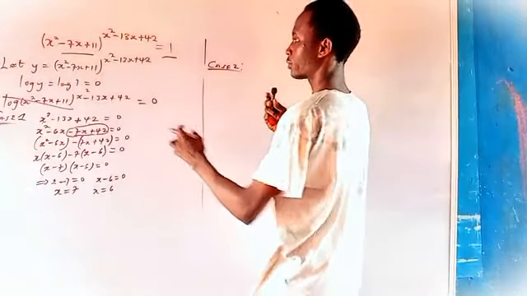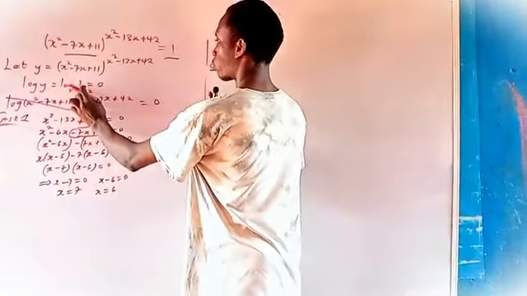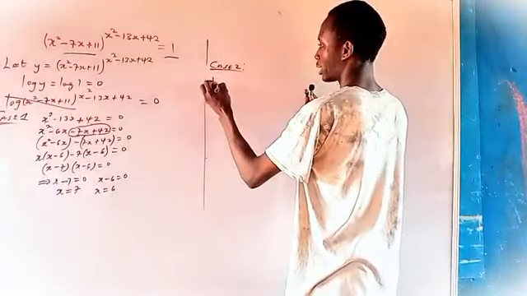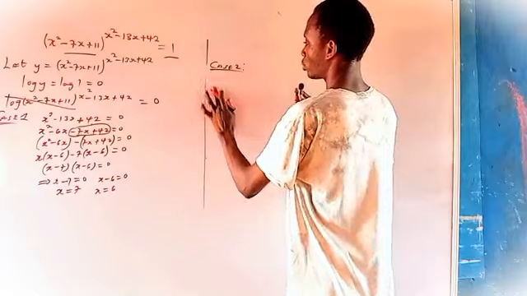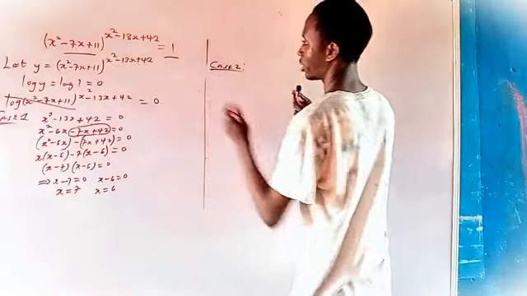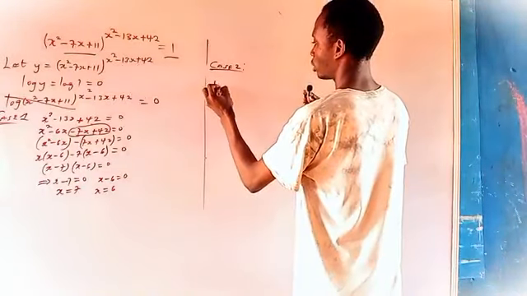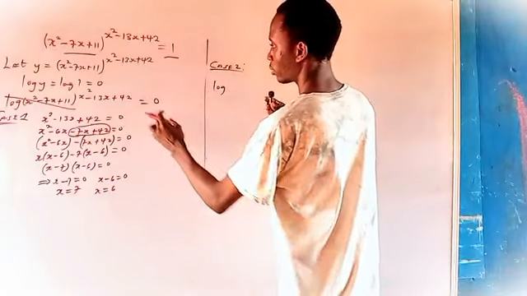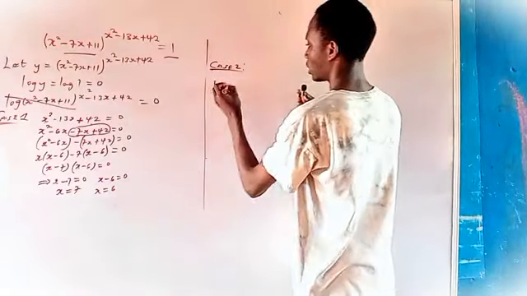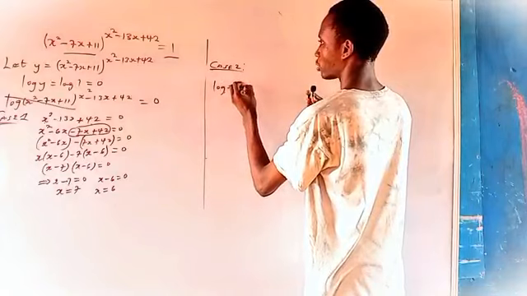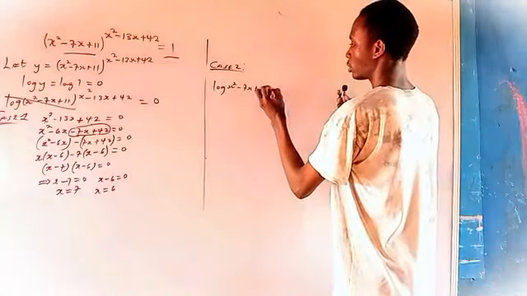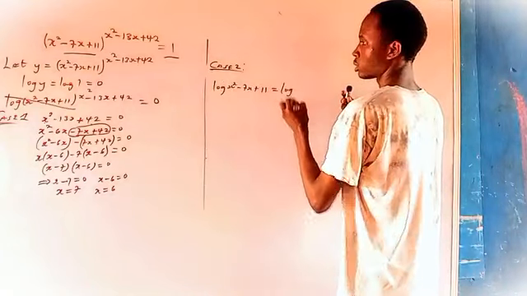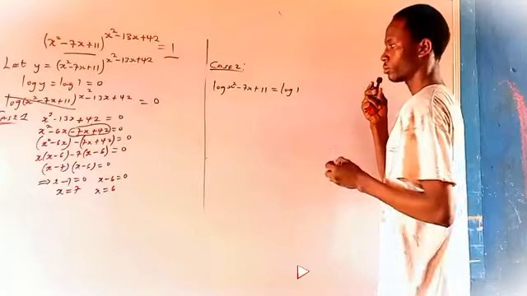don't also forget, from here we said log y equals to log 1, and then we substitute the value. If you bring the exponent back here, we are going to have a log of this, the second one, log of x to the power of 2 minus 7x plus 11 equals to log of 1.